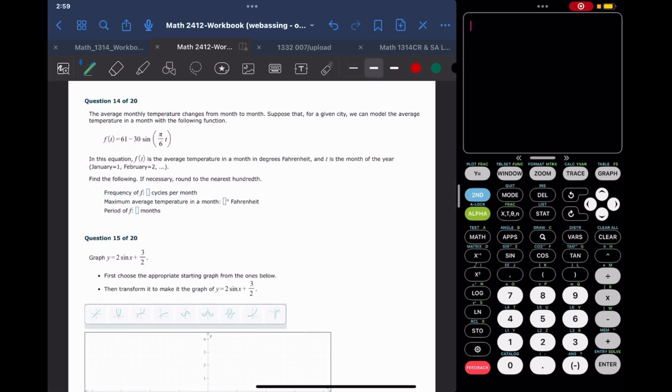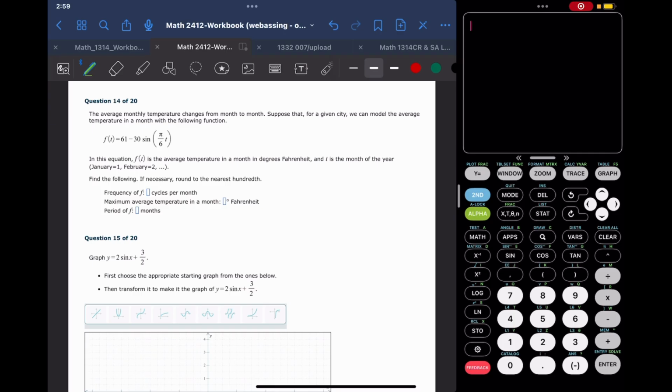The average monthly temperature changes from month to month. Suppose that for a given city, we can model the average temperature of a month with the following function. Okay, so this function has four transformations. The equation f of t is the average temperature in a month in degrees Fahrenheit, and t is the month of the year, January, February.